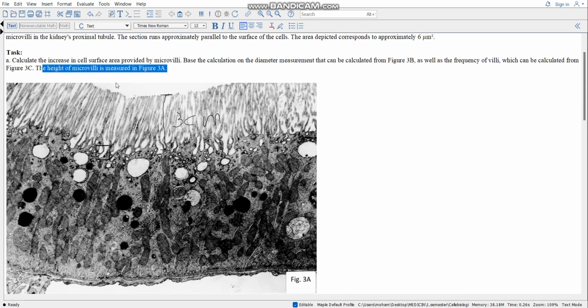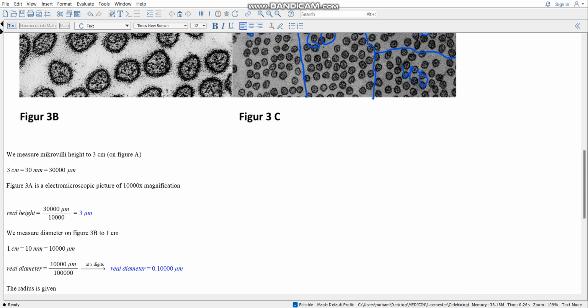And now we can use this information to calculate the increase in cell surface area provided by microvilli. So, of course, we've measured the microvilli to be having a height of 3 centimeters. Now, that is the same as 30,000 micrometers.